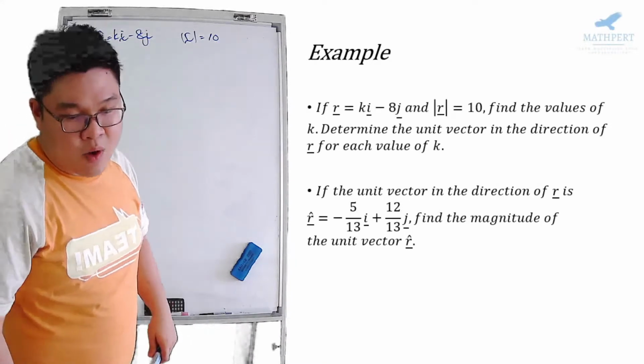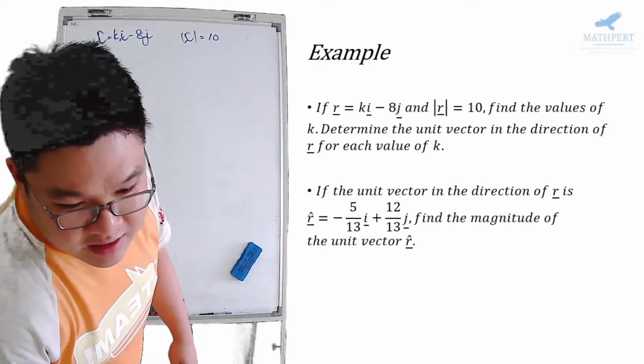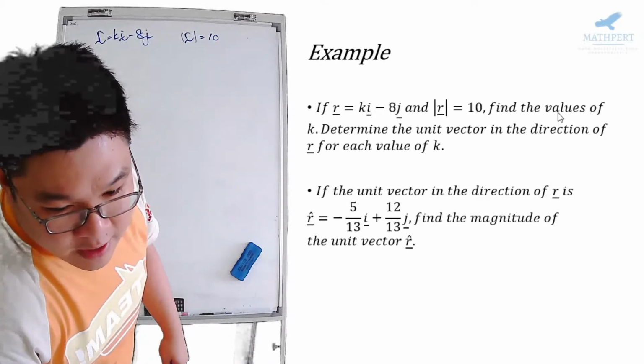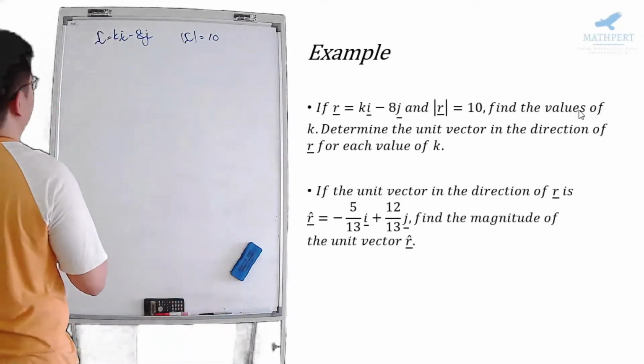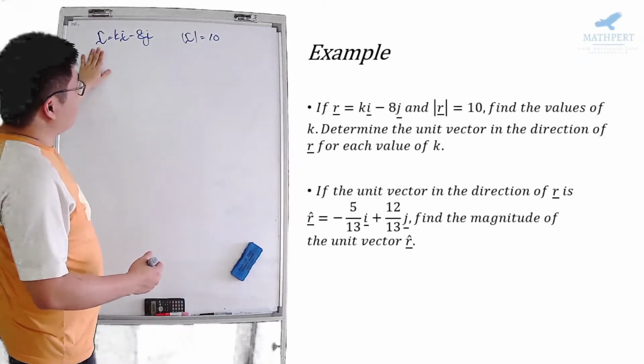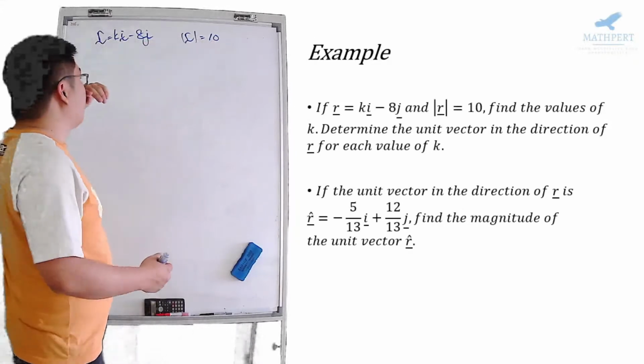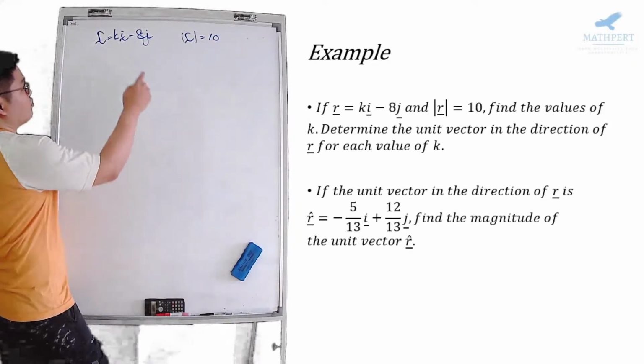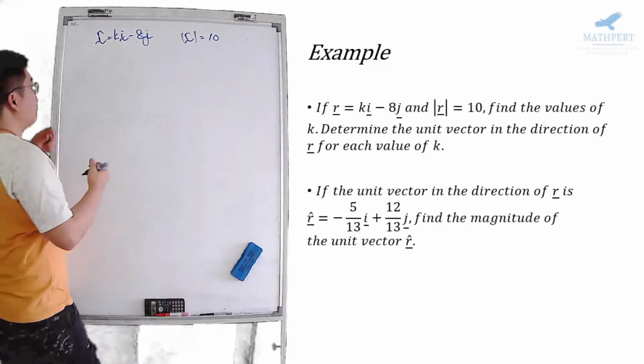Okay? Values, that means k has more than one value. So we are given a vector r and a magnitude. Right? So let's use the magnitude to find the value of k.